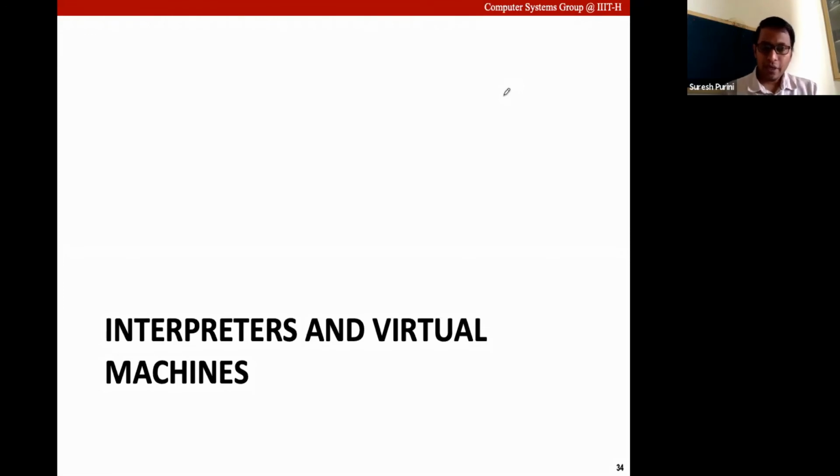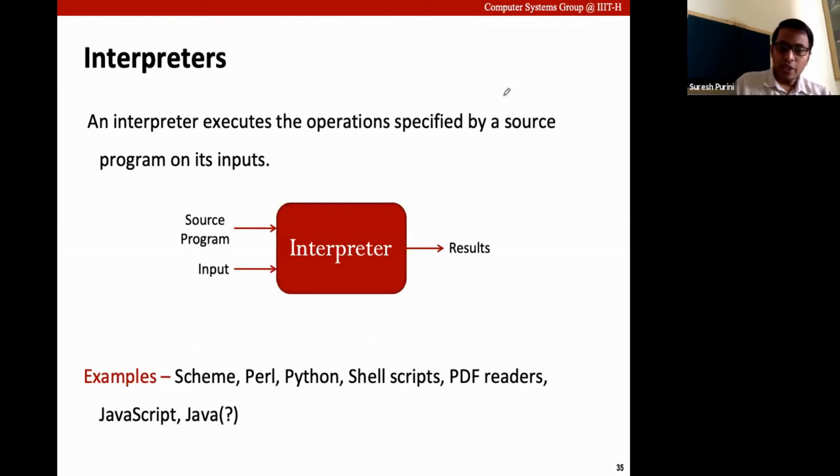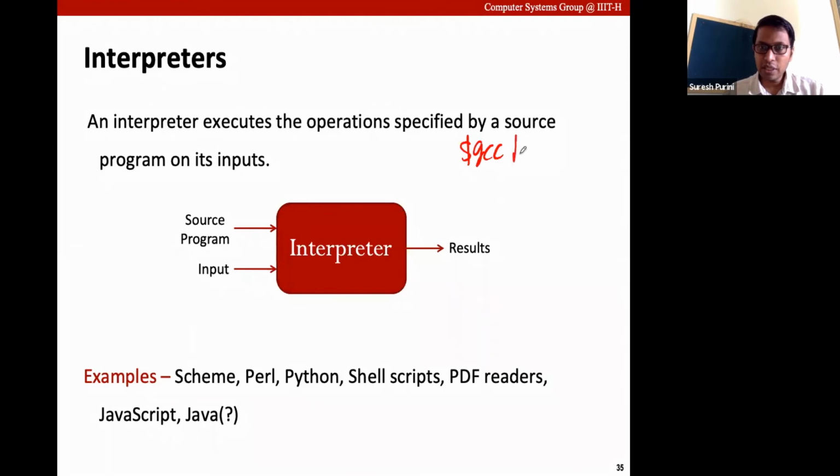So the next idea is on interpreters and virtual machines. In C programs, if you want to execute your C program, you say gcc hello.c and then dot slash a.out.